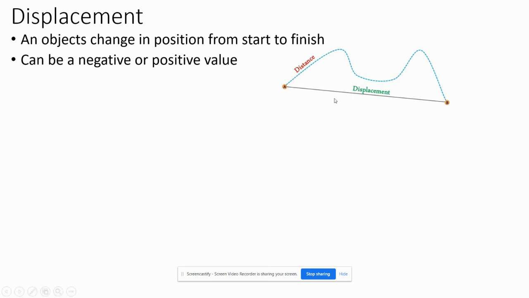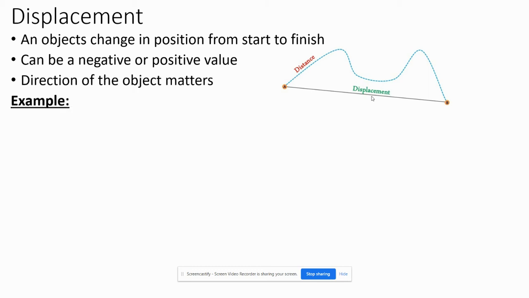So if I stopped in the middle somewhere, let's say I went 20 kilometers this way and then came back 10 kilometers and stopped in the middle, I went positive 20 plus negative 10, so my displacement would have only been positive 10. So that's the idea about displacement. It does have a negative and positive value, and we'll practice that more. So yeah, direction matters. So direction of the object matters. So it depends on if I go forward or backward.